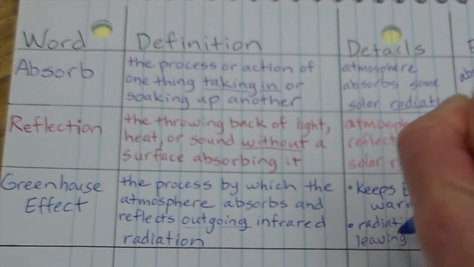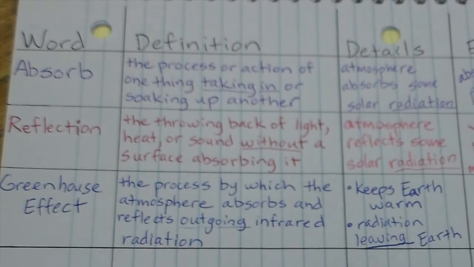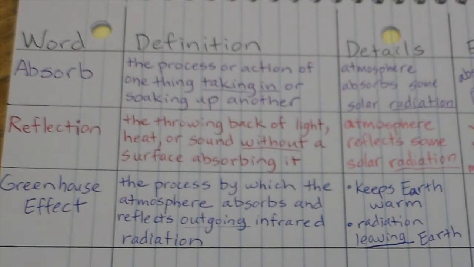I want to make sure that's clear because I often have students who get very confused by this, but this isn't talking about radiation that's coming in from the sun. This is talking about radiation that's trying to leave our planet, but that leaving radiation is going to get absorbed and reflected by the atmosphere.